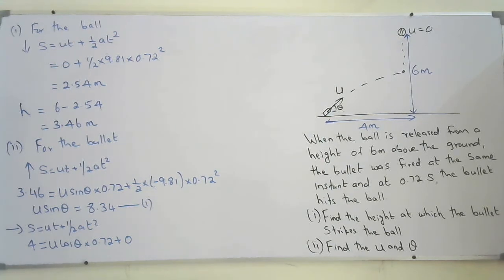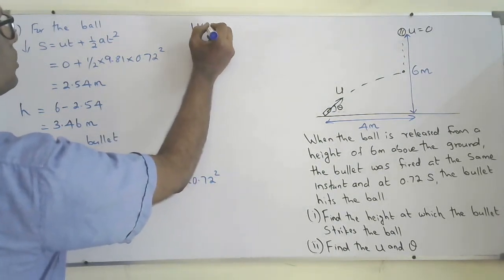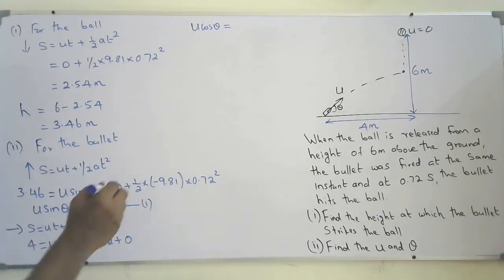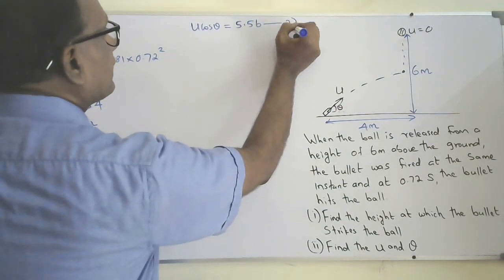From this I can find u cos theta. So u cos theta will be equal to 5.56. Take it as the second equation.